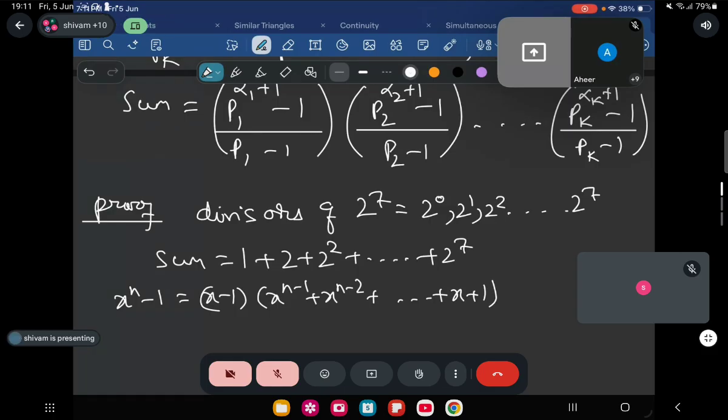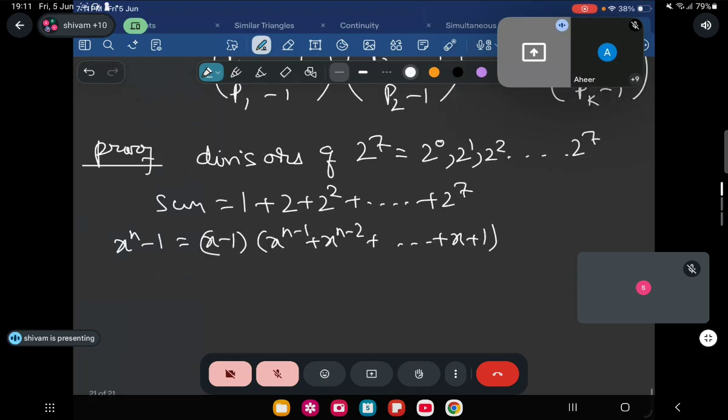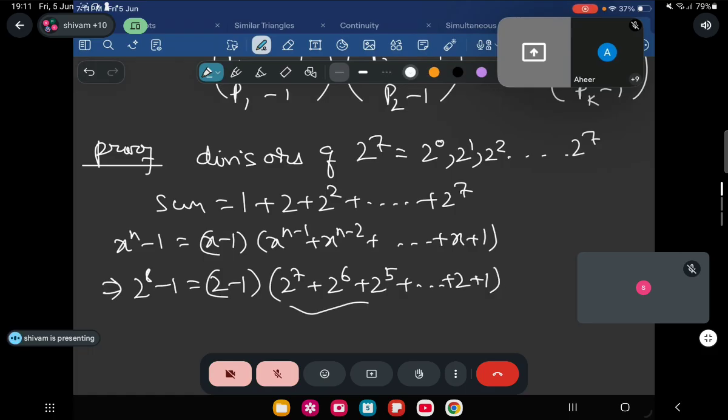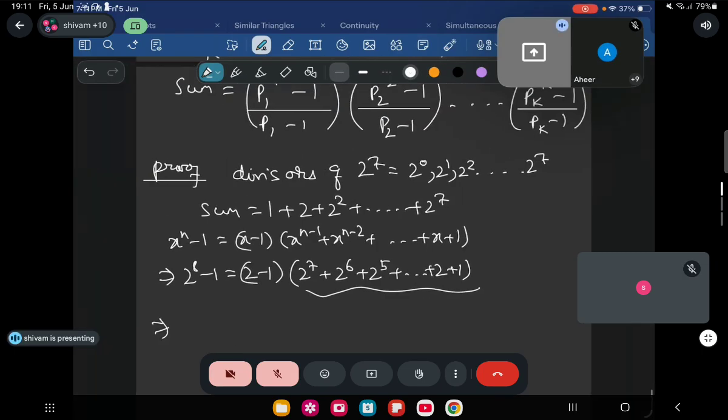Instead of x you substitute 2, instead of n you substitute 8. So you get 2 to the power 8 minus 1 is equal to 2 minus 1 into 2 to the power 7 plus 2 to the power 6 plus 2 to the power 5 plus dot plus 2 plus 1. So this whole expression is nothing but 2 to the power 8 minus 1 divided by 2 minus 1. Are you able to visualize this?